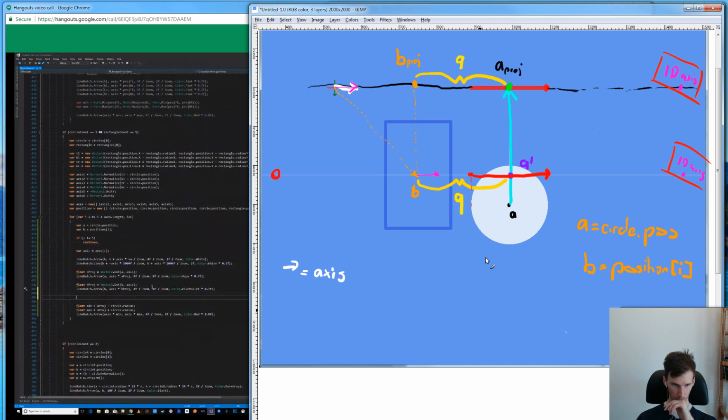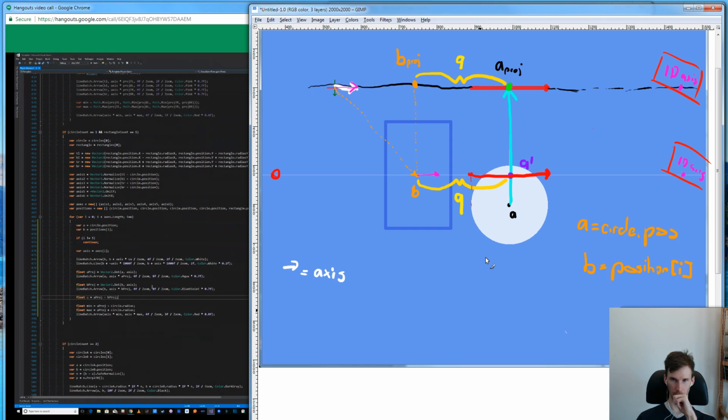We don't have A prime, but we do have A project. Wait a minute, wasn't it just A project, as B project? Yep, it'll give us the top Q, which is the same thing as the bottom Q. Yes.